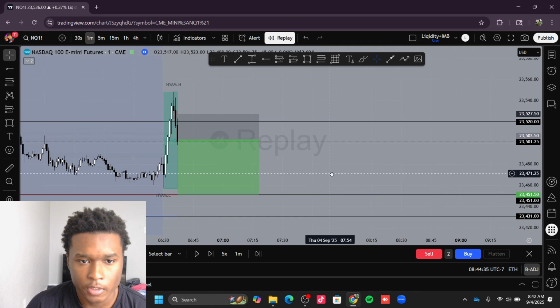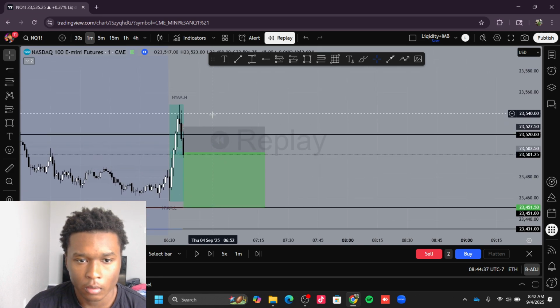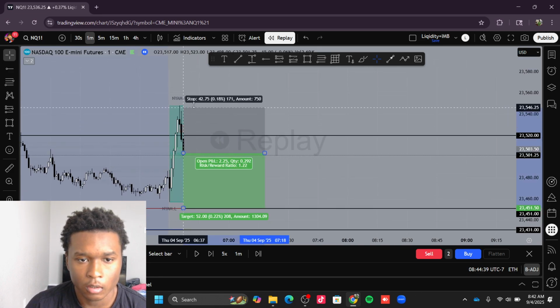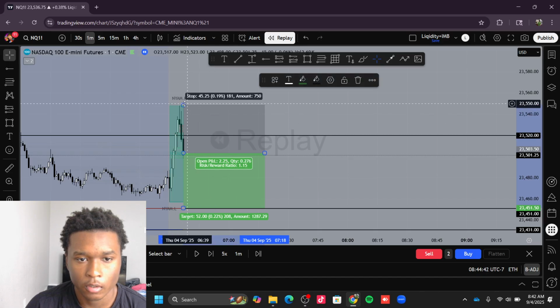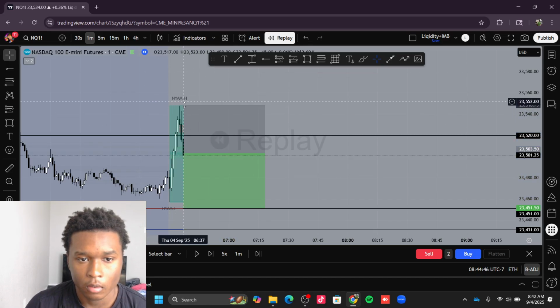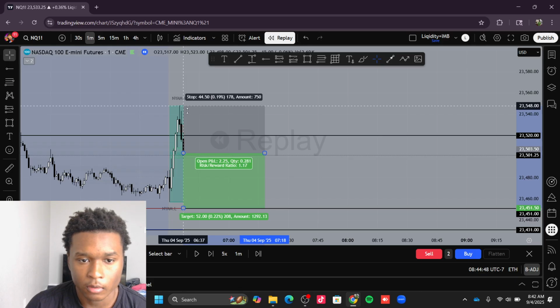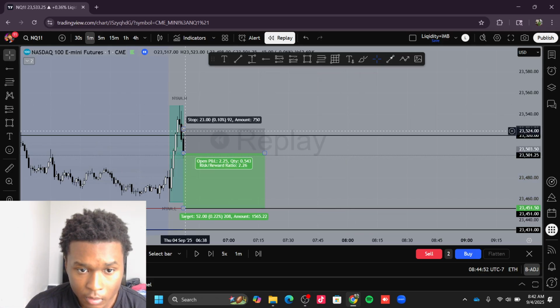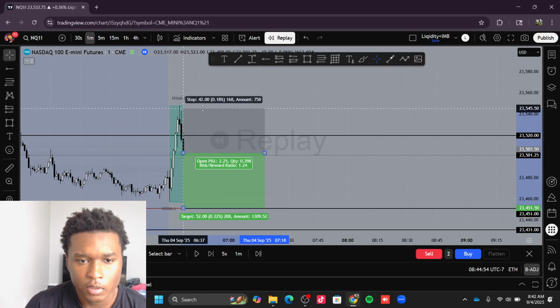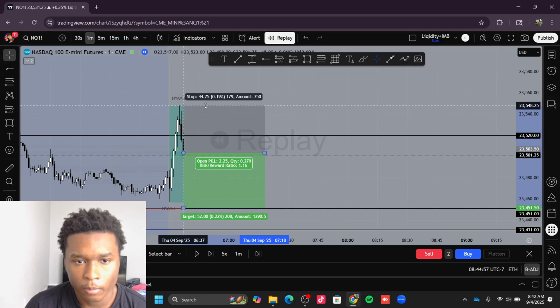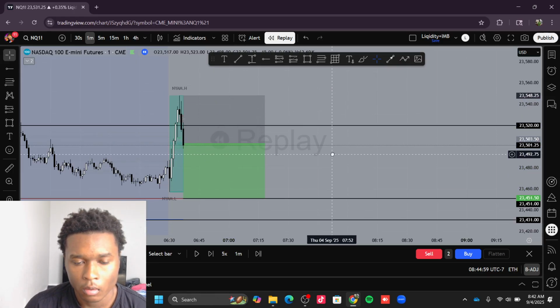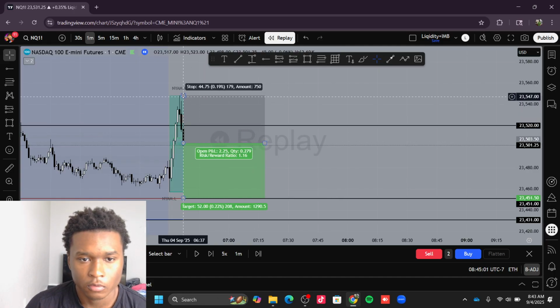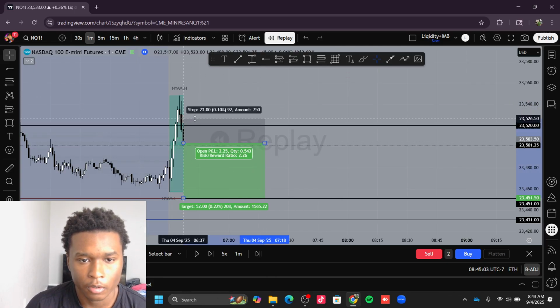The only time it didn't work yesterday was when there was a low right here that I was targeting. I know this is a high, but let's say, for example, this was a low. It respected the low and disrespected this imbalance. That's the only time it didn't work. Sometimes I would put my stop loss here just to be safe, but for this sake, I'm going to put it here.